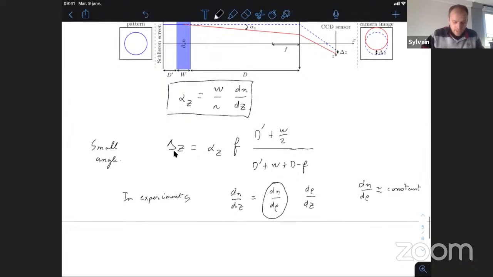Therefore, by measuring delta z, you can measure the density gradient.